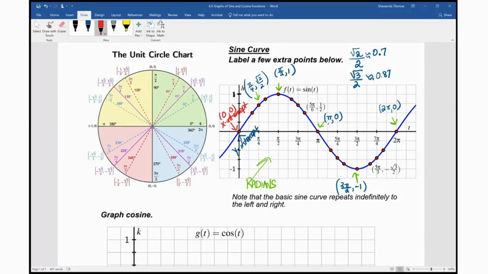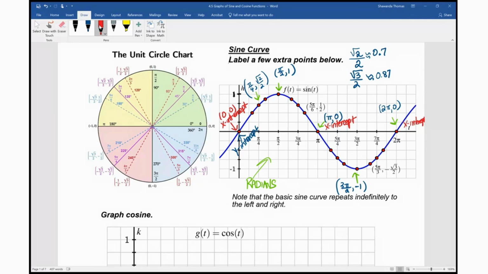All right, so that's an x intercept. So 0, 0 is an x intercept.